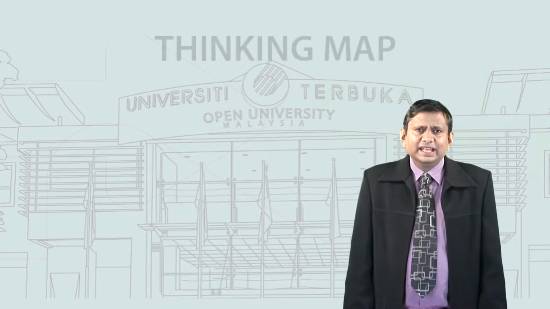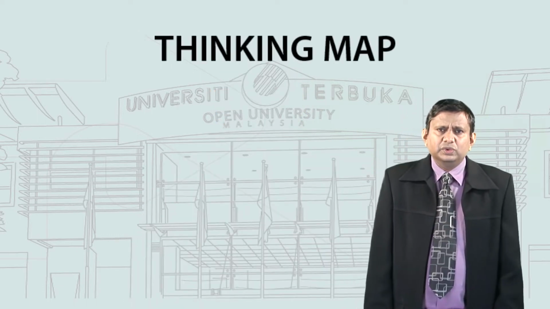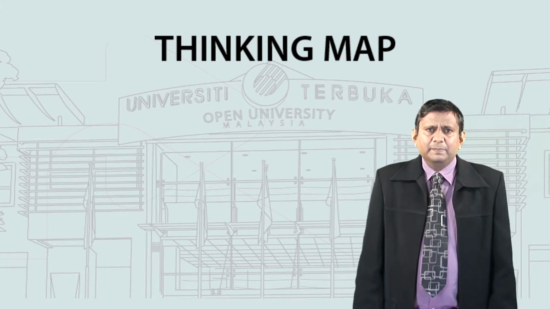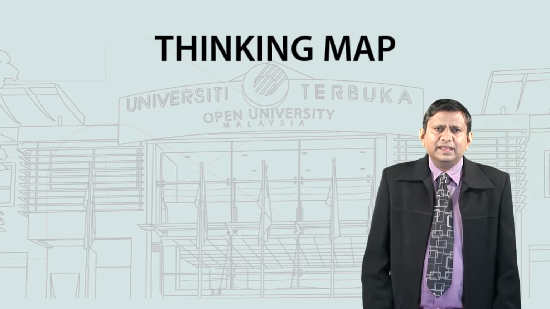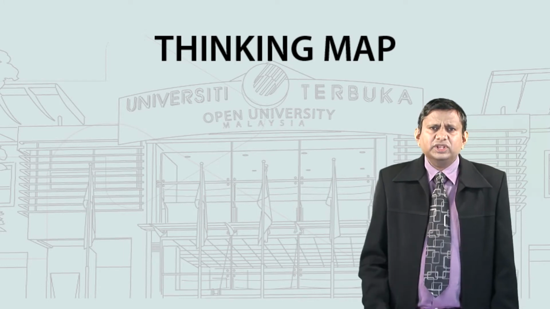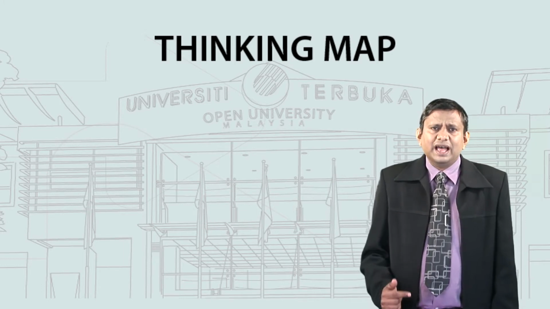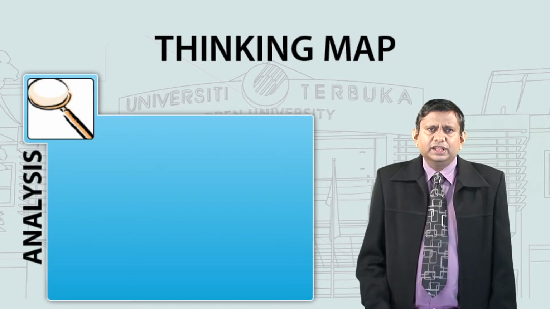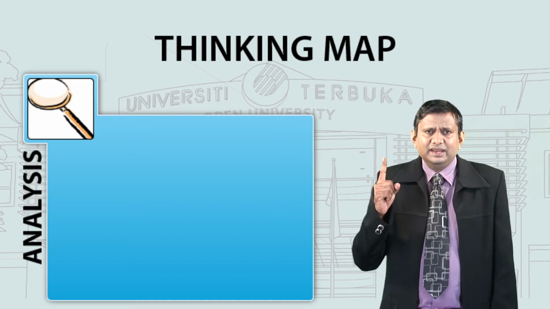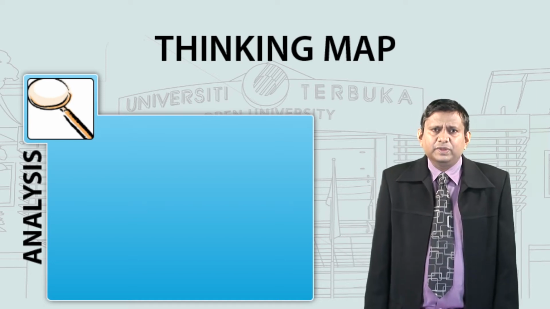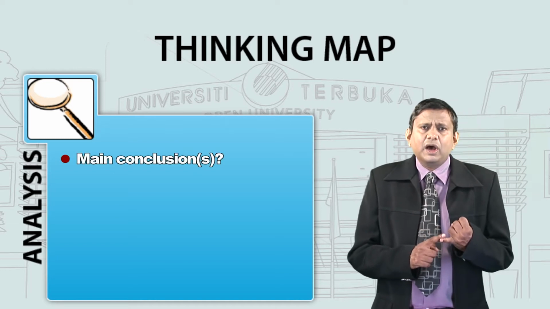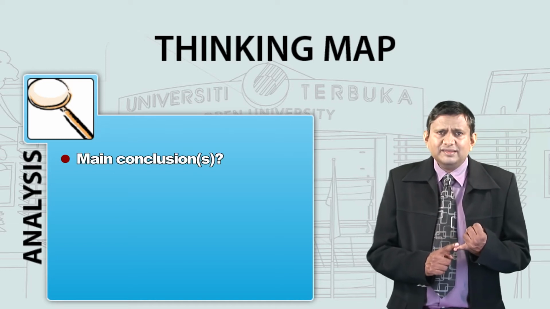Learners, have you ever heard of the thinking map? Thinking map generally is a tool that can help us evaluate reasoning. Basically, the thinking map is a list of key questions that one should ask when analyzing an argument. The questions in part 1 are of analysis type, which include: number 1, what is or are the main conclusions?